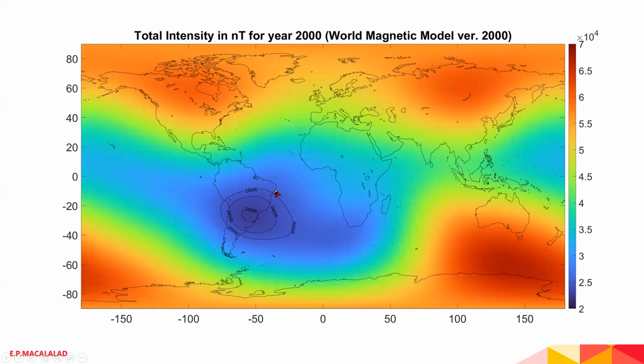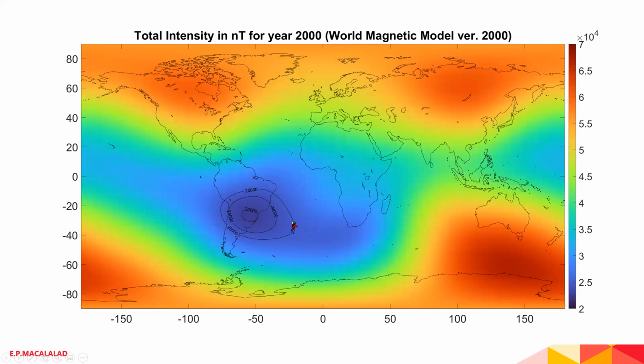This is very important especially for geophysicists and space scientists alike, because at this area the magnetic field is weak, so the outside magnetic field influence will have a more direct influence here than in the other areas.